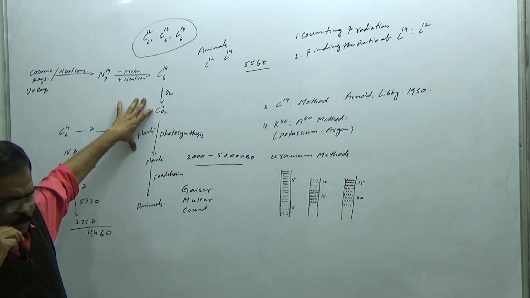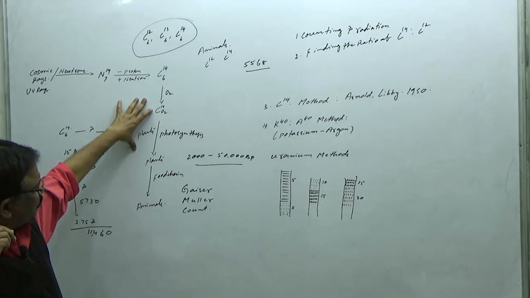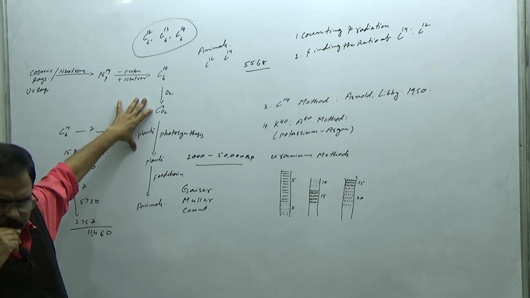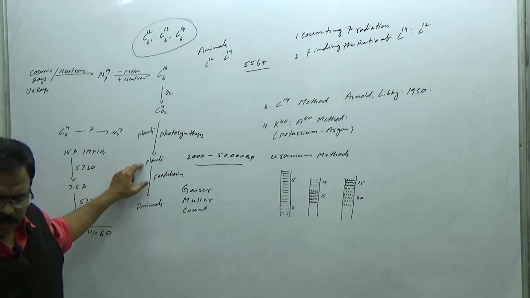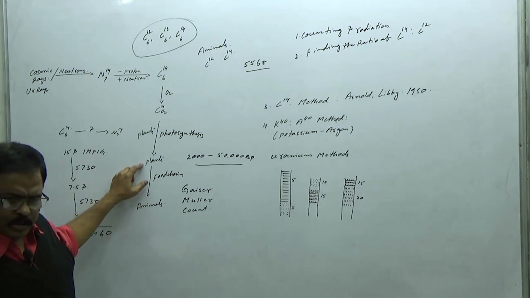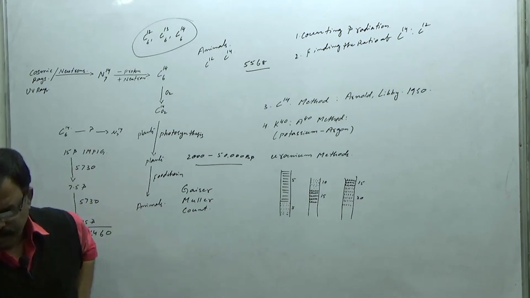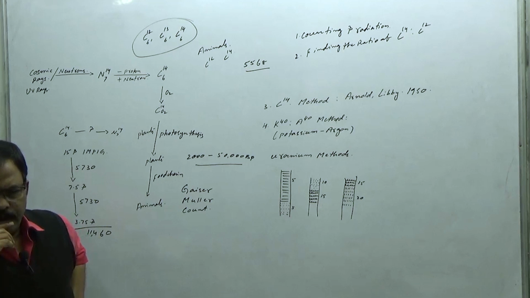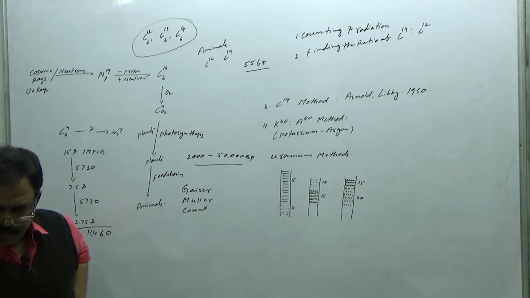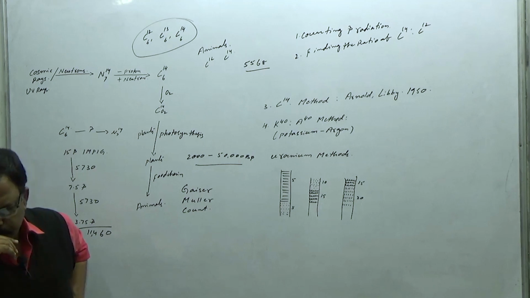This radioactive carbon dioxide enters into plants through photosynthesis and finally into different living organisms through the food chain.